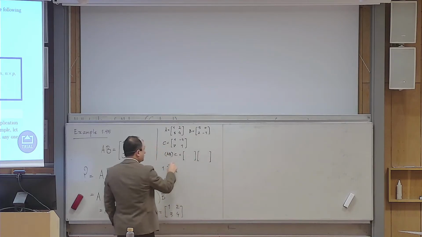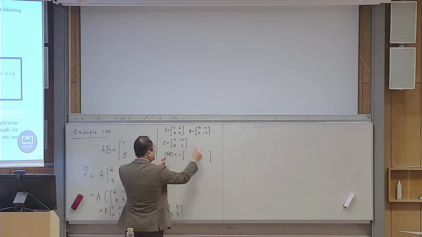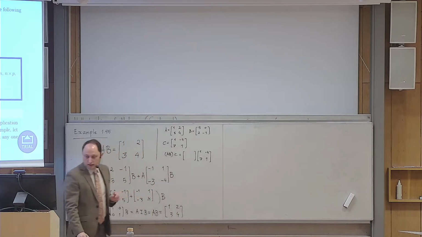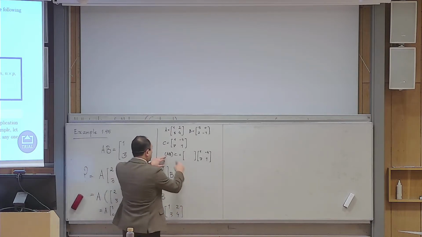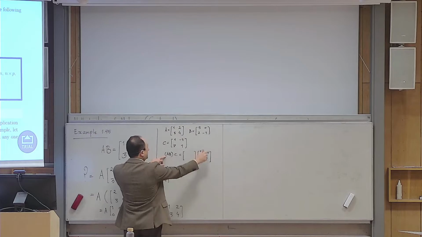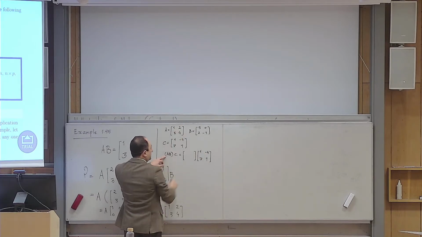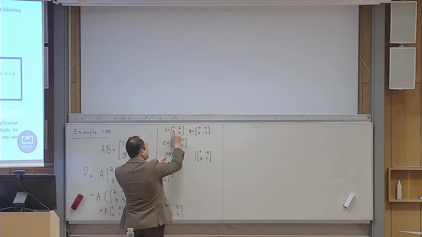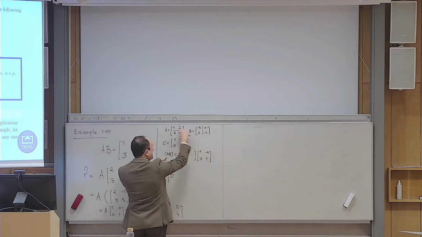Okay, so let us just do it in our head. So C is just the C, I copy and paste it here. And then, what is AB? You can do it in your head. What is AB? The first entry. This row, these columns, this row by that column.